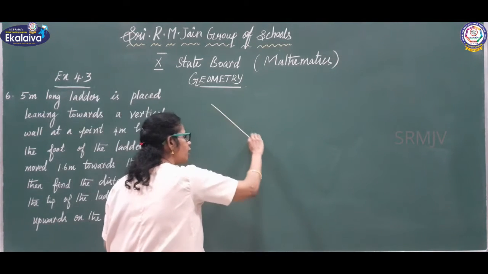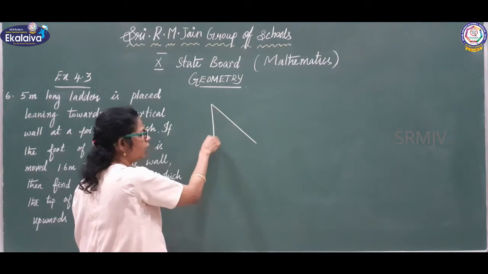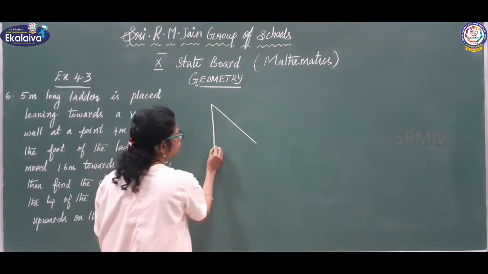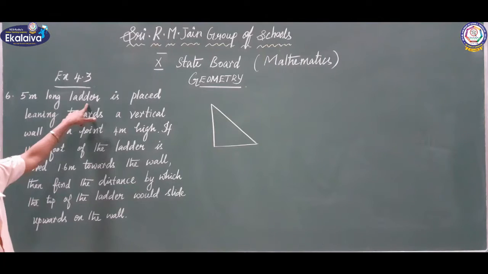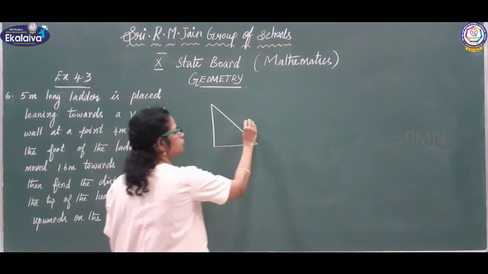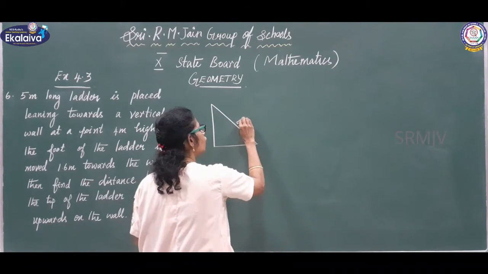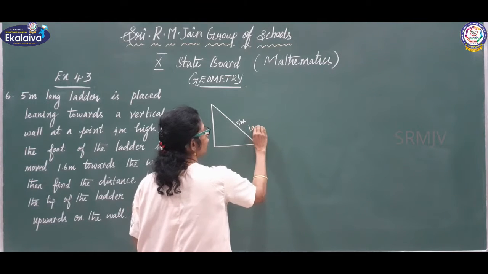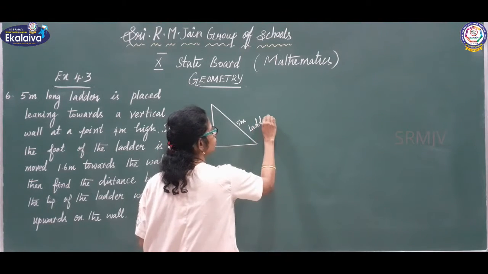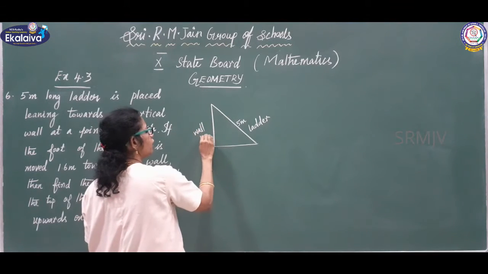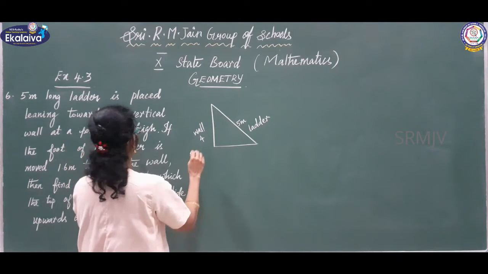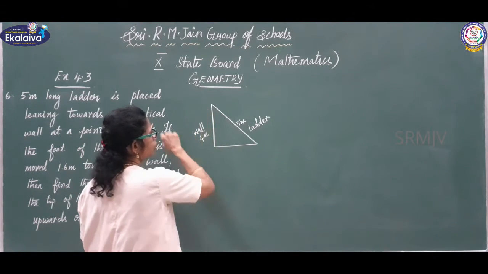This is the ladder, this is the vertical wall, right? Now you see a 5-meter long ladder. This is the 5-meter ladder. This is our wall. They said this is 4 meter, right?